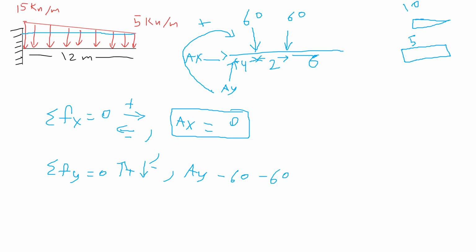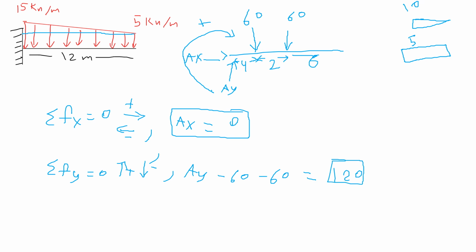Remember here I don't need the distance because it's not moment. So I got the AY equal 120 because minus 60 and minus 60 is minus 120. If we move it to the other side, it's going to be 120. So I got the AY equal 120.